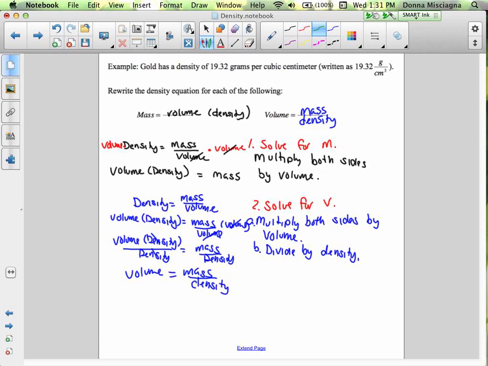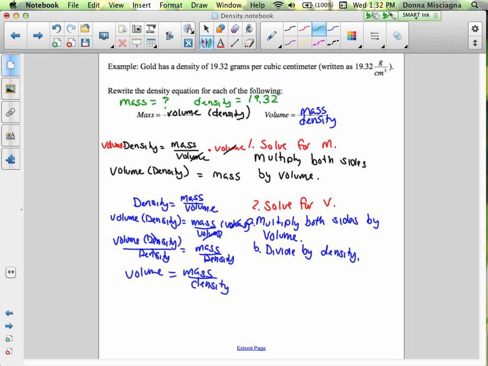All right, so let's identify what we know. Our mass is what we are looking for. We've got volume. Cubic centimeter, that's volume. So we don't know what mass is. Our density is given to us, that's 19.32.